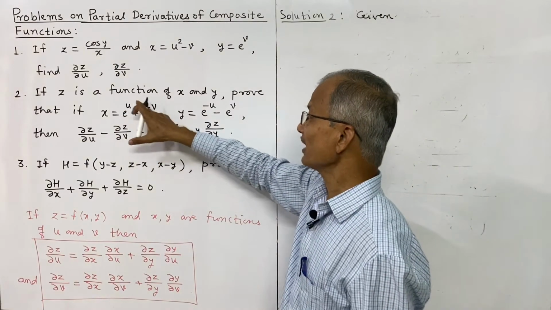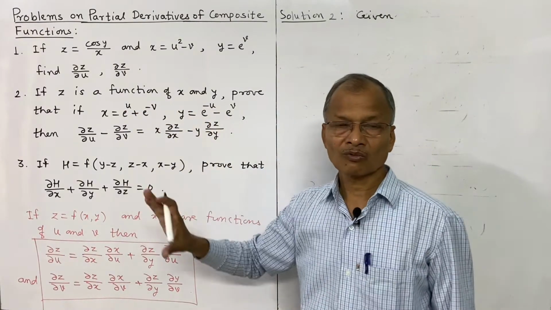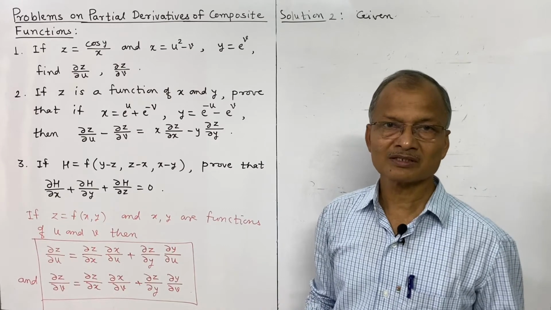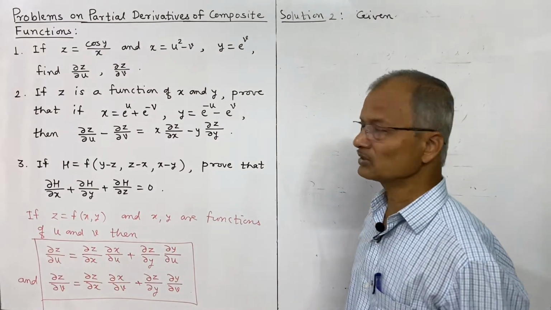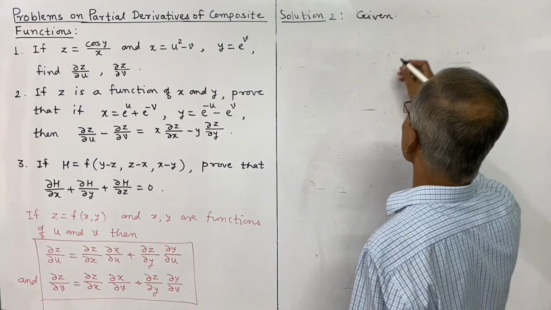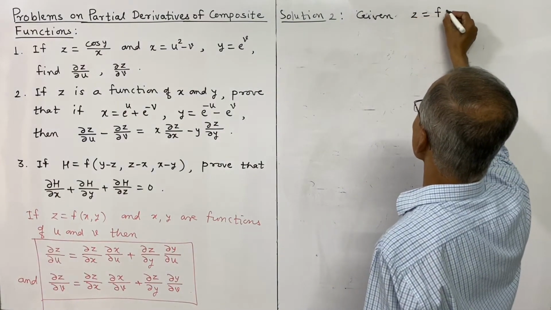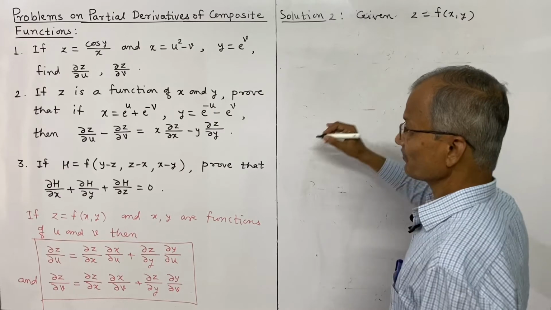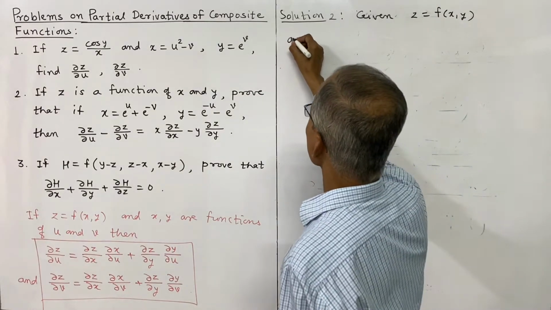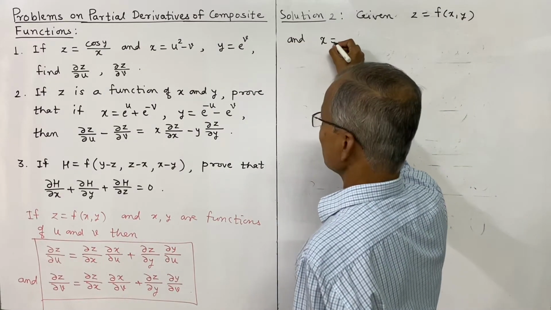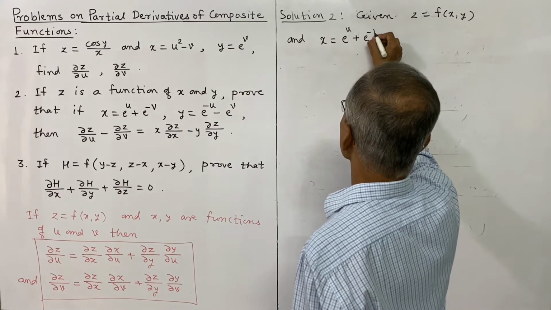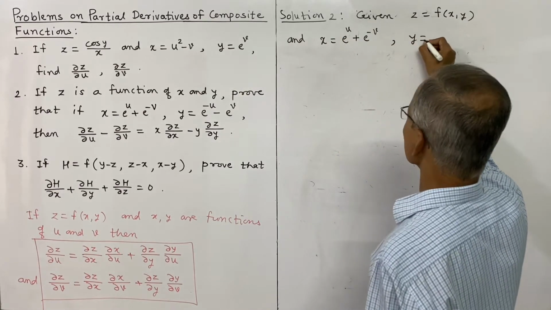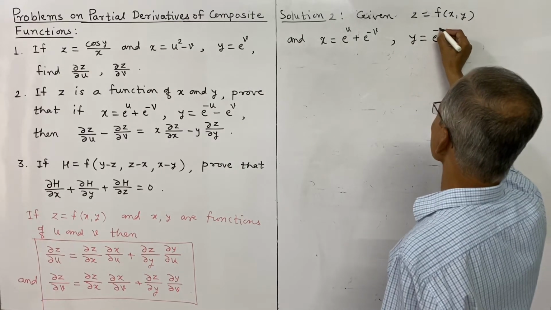Here z is given as a function of x and y, but which function is not given exactly. So z is some function of x and y. So given z is, I shall write f of x, y, a function of x, y, and x is a function of u and v. Y is also a function of u and v.